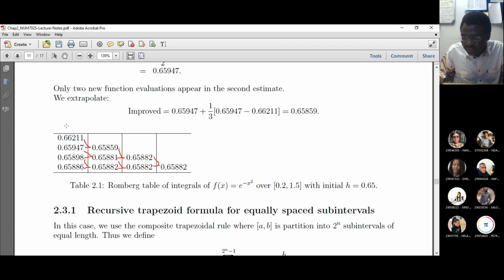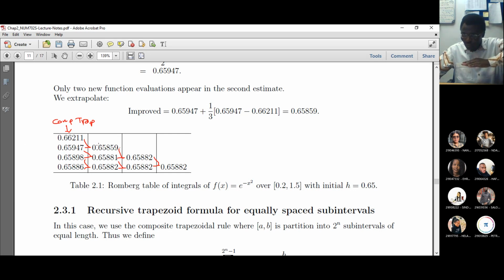But here, you use the composite trapezoidal rule for the first column. Now for the remaining columns, all the entries from the second, third, fourth, and so on, you use the entries to the left. So if I want to compute the current entry, I use the previous column, the one before, and the one in the current row, because this is the row, right?